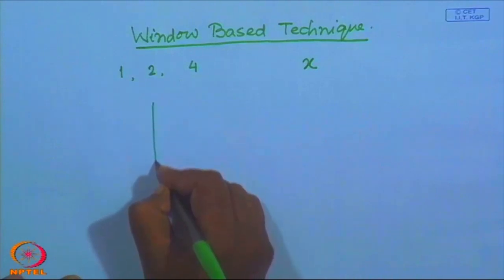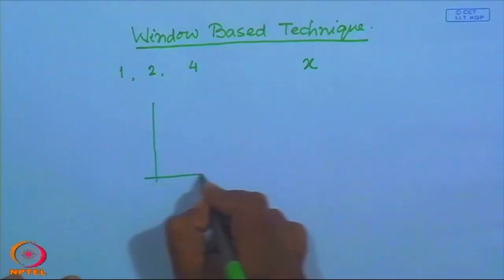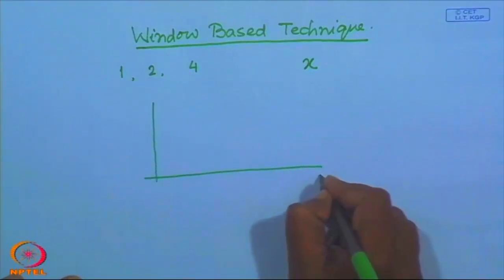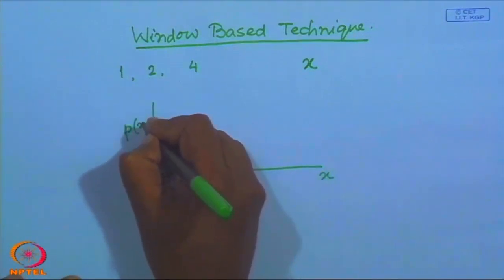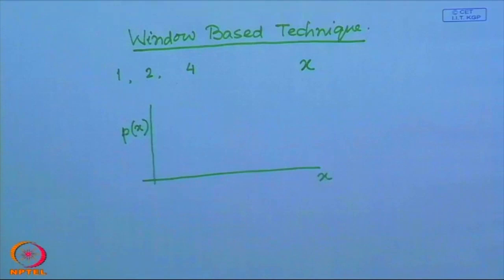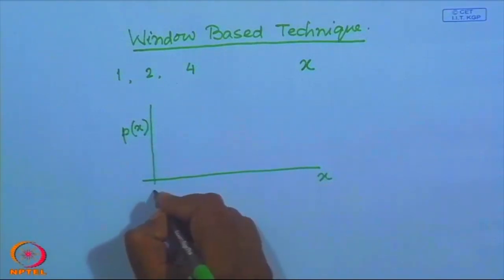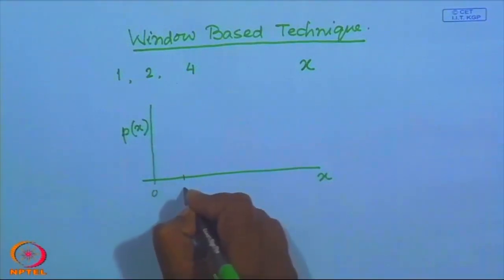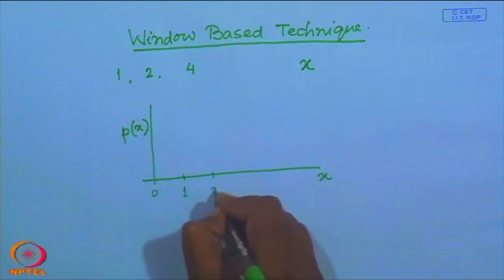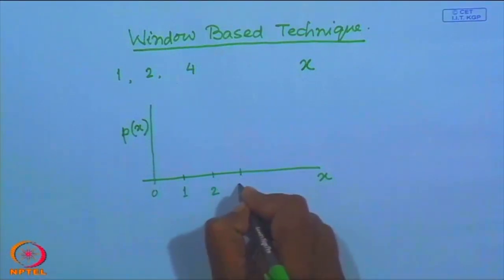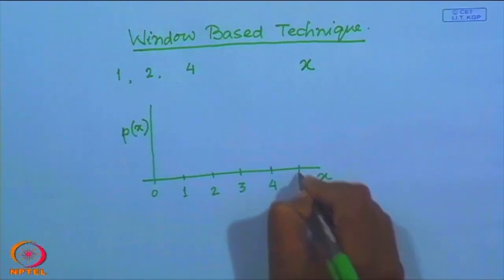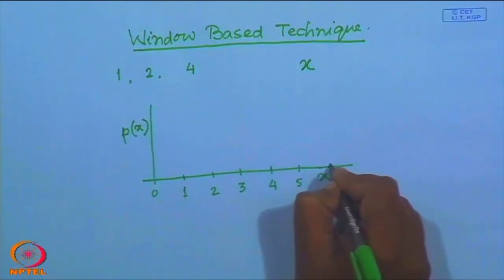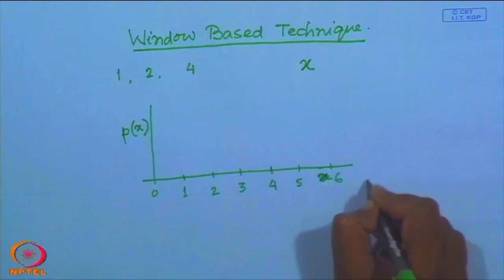So, this is my x and in this direction I plot probability of x. This is 0, this is say 1, this is 2, somewhere here it is 3 and this is 4, this is 5, this is 6 and so on.